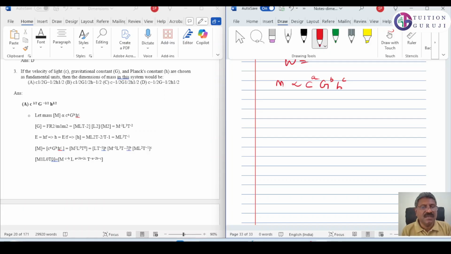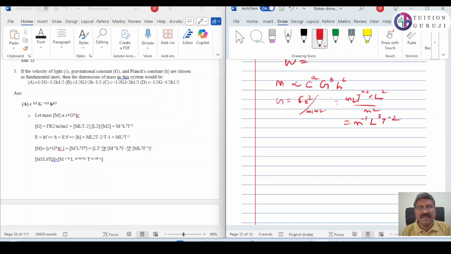So G is equal to M L T raised to minus 2 into L square divided by m square. That is, we get M raised to minus 1 L cube T raised to minus 2.